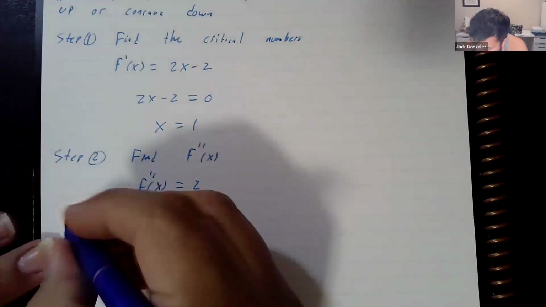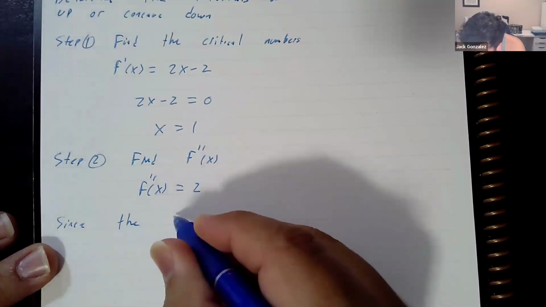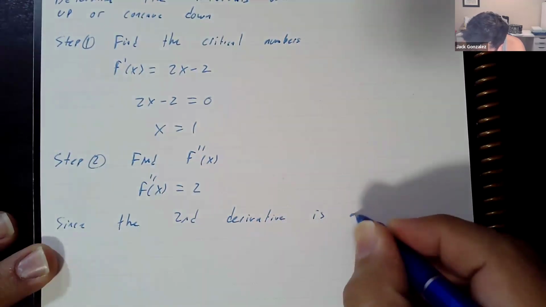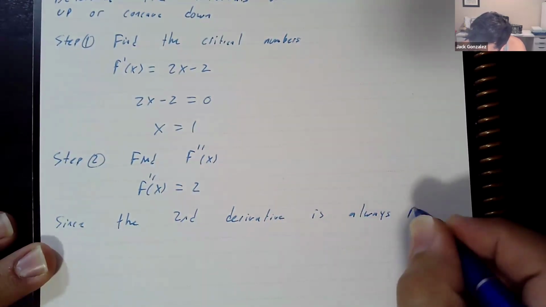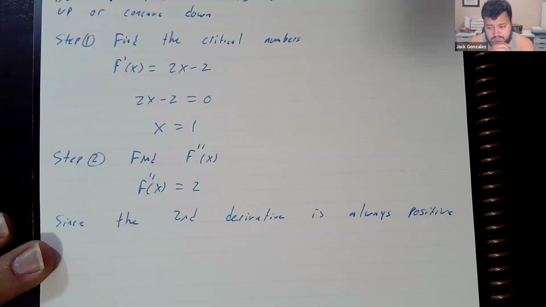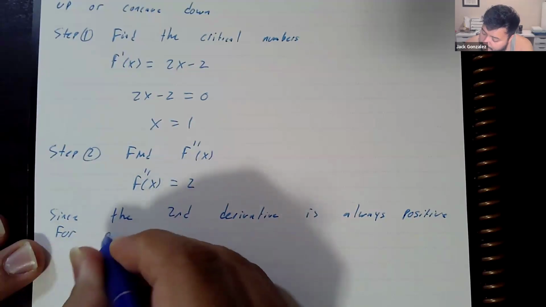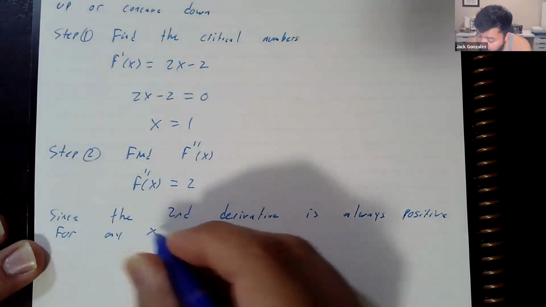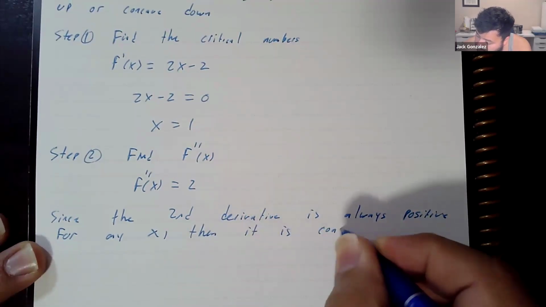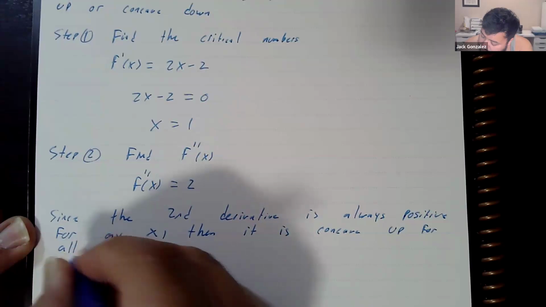Okay, so let's put that in English. Since the second derivative is always positive for any x, then it is concave up for all x.